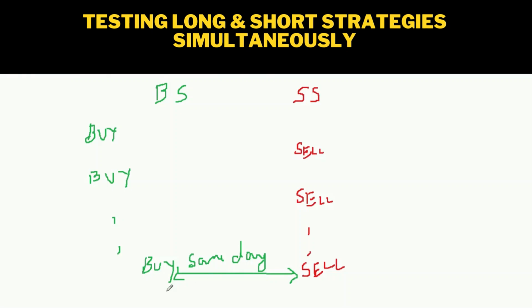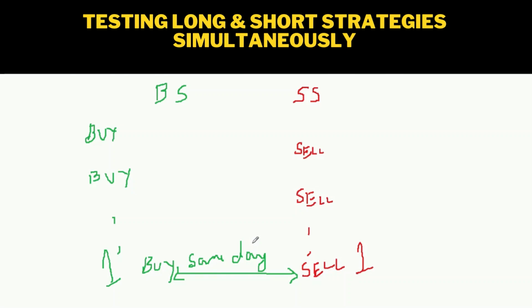So it doesn't make sense to buy and sell at the same time. It's as good as not doing anything. So I ignored these 2 trades. That is 1 trade from the buy strategy and 1 trade from the sell strategy. So I ignored these 2 trades, and this sort of changed the performance of the strategies to a certain extent.